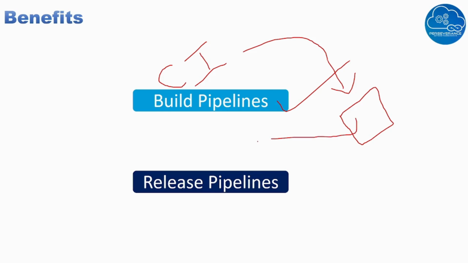So we pass this artifact to release pipelines, where we can perform CD, continuous delivery or deployment. Continuous delivery is a manual intervention process in delivering the product to the customer, and continuous deployment is an automated process of delivering the product to the required users.